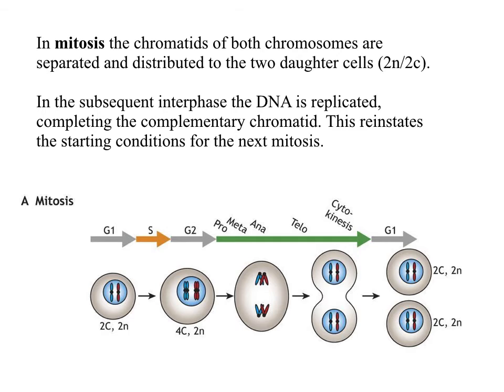It then goes through G2 and enters the mitosis process of prophase, metaphase, anaphase, telophase and cytokinesis, where we're going to have the chromatids separating back into the two daughter cells and restoring the diploid 2C state.